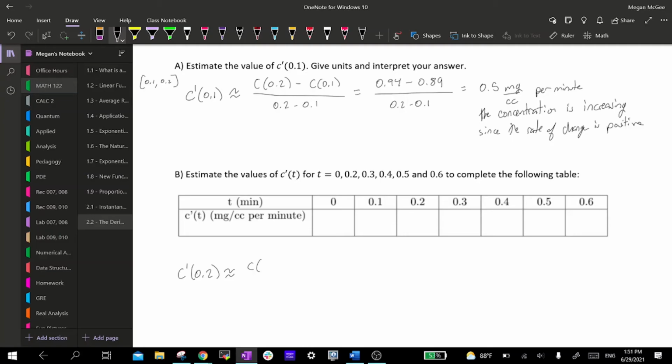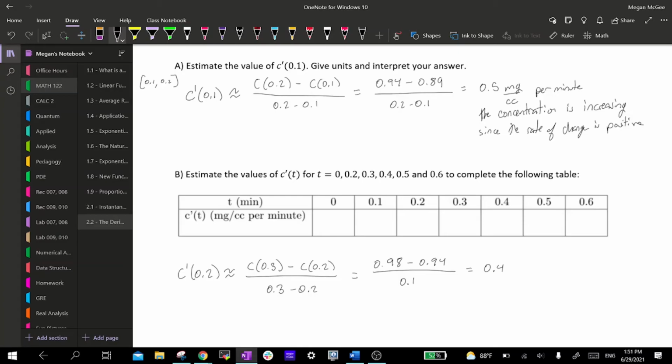So that's c of 0.3 minus c of 0.2 over 0.3 minus 0.2, and that's going to give us 0.98 minus 0.94 over 0.1, and we'll get 0.4 milligrams per cc per minute.